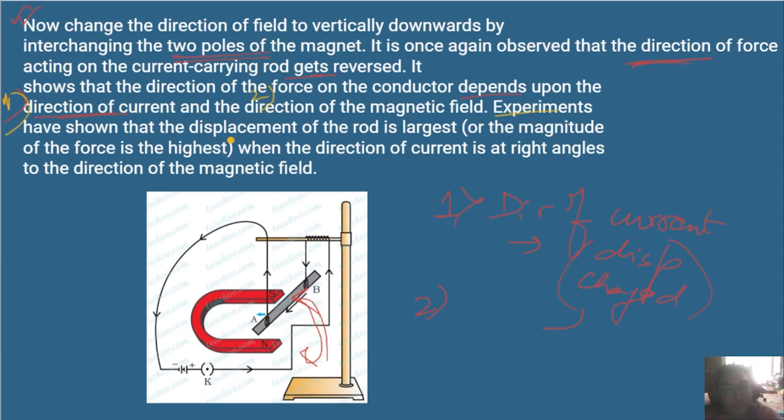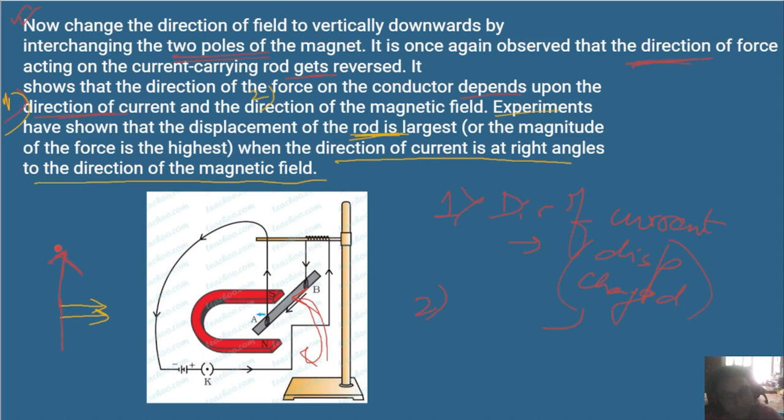So experiments have shown that the displacement of the rod is largest when the direction of current is at right angles to the direction of the magnetic field. So imagine that suppose the magnetic field is like this, going towards the west, the east, and let's say the current, so this magnetic field is produced by the magnet, mind you, and what I'm saying is that the current here is going this way, like for example, it's a straight current carrying conductor and the current is moving this way.